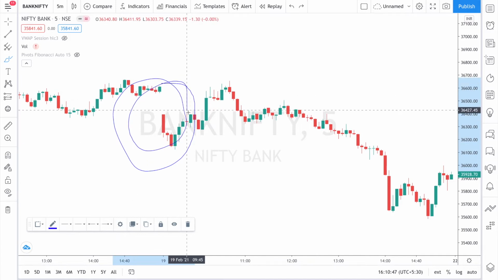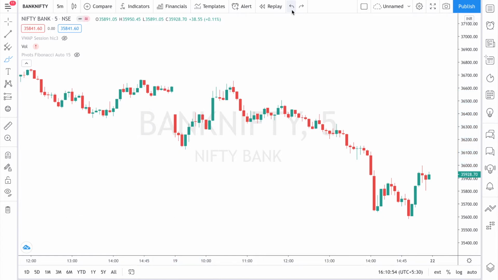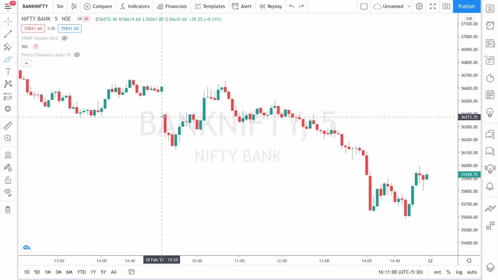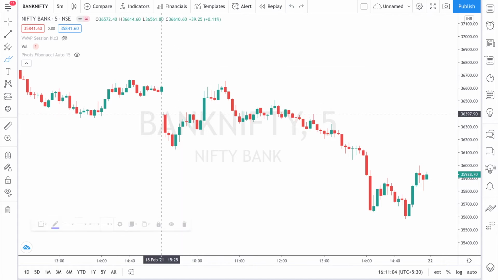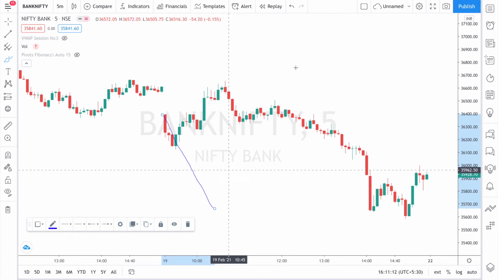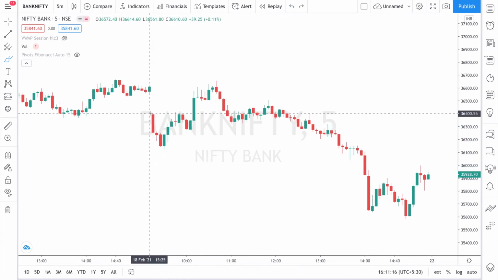Let's take today's example. The market wants to travel 800 points, so it cannot travel those points in a few minutes, right? Then what will the price do the remaining time? So the market will take time to give momentum. That is point number one.